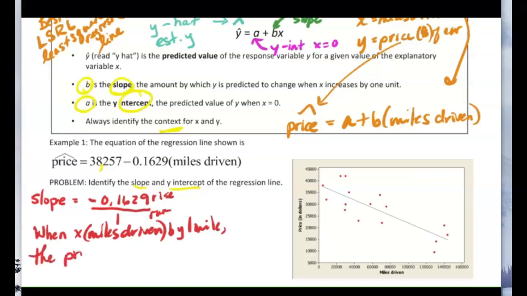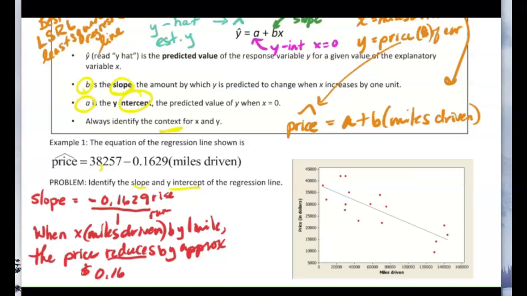The price reduces by approximately, it doesn't reduce by a negative, so we have reduces for negative, so it reduces by approximately 16 cents. Okay, that's how we interpret that one.